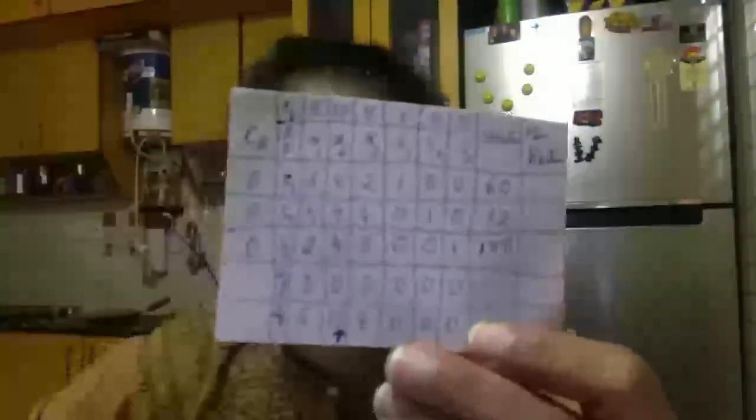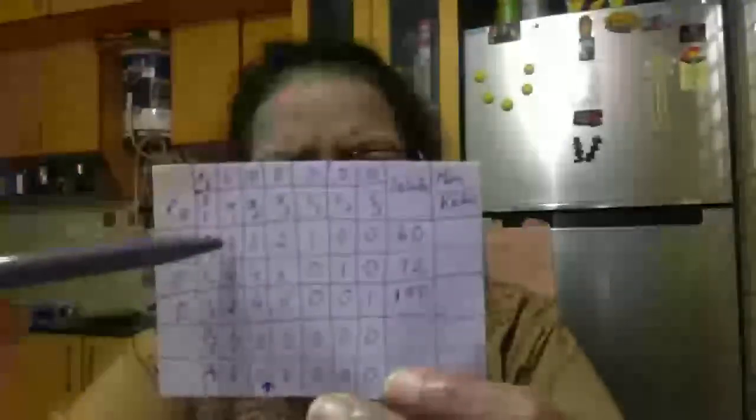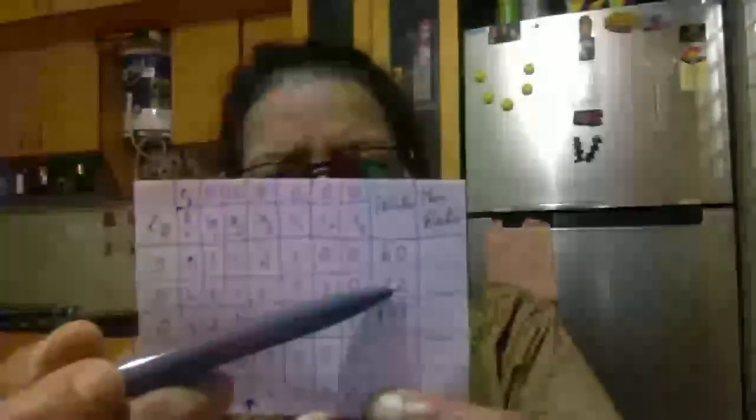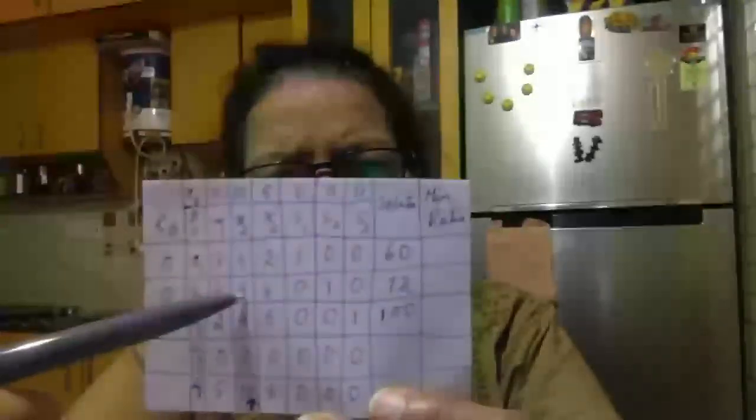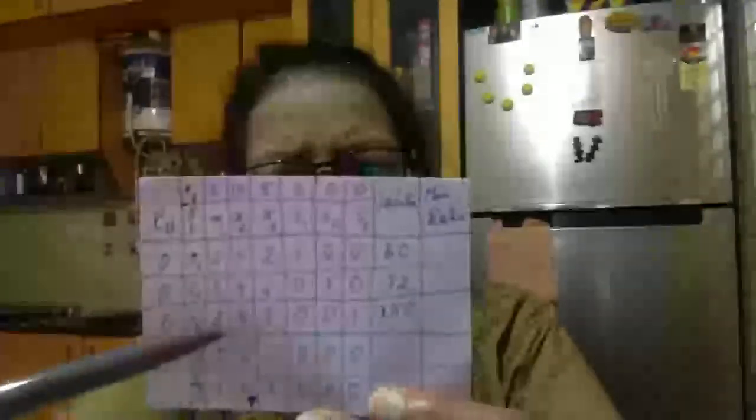So what do we do now? We take this 60, this whole solution column, and divide by the element in the key column. So 60 will get divided by 5, 72 will get divided by 4, 100 will get divided by 4. You understand?